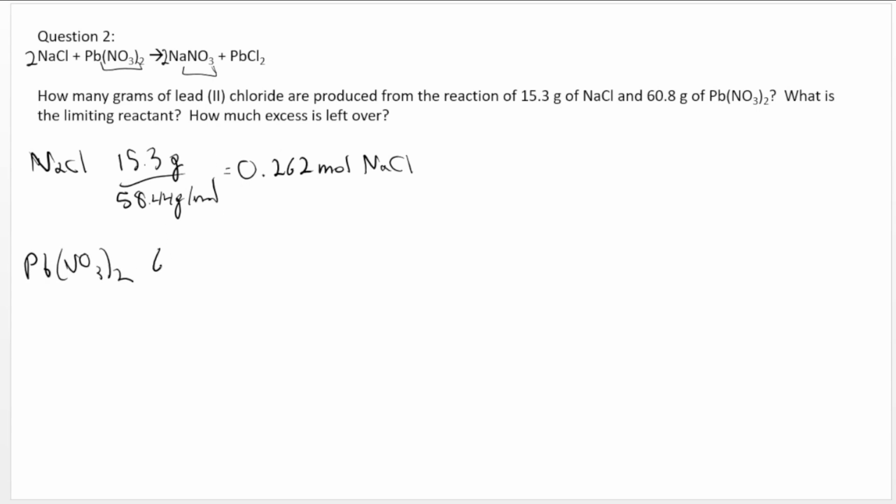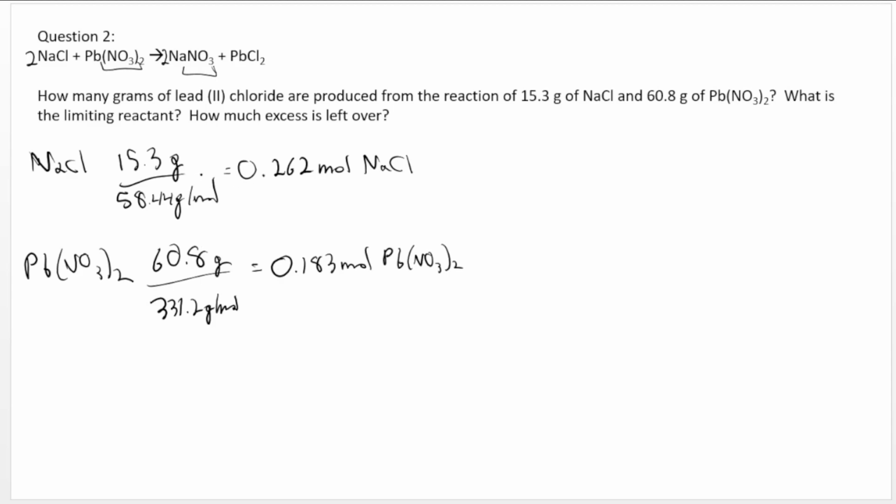We have 60.8 grams. We're going to divide that by the molar mass of lead-2 nitrate, which is 331.2. 60.8 divided by 331.2, we get 0.183 moles of Pb(NO3)2.